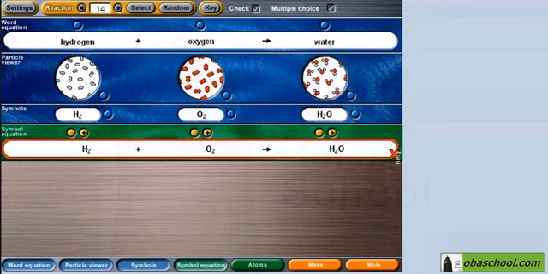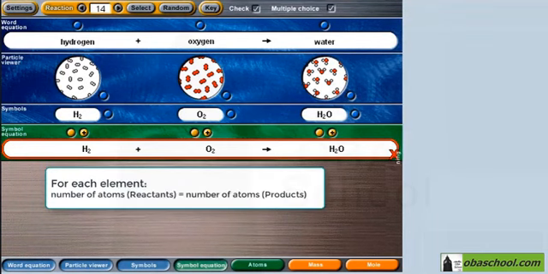But the thing that you need to remember about equations, the golden rule, is that the number of atoms in the reactants equal the number of atoms in the products. So for example, the number of hydrogen atoms in the reactants should be exactly equal to the number of hydrogen atoms in the products, and the number of oxygen atoms in the reactants should be equal to the number of oxygen atoms in the products.